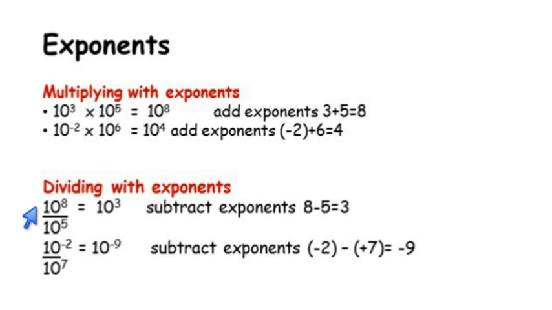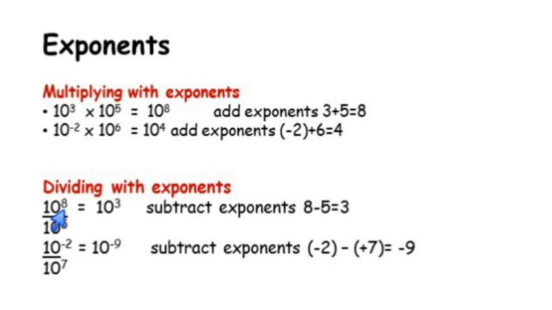And when you divide, and when we do those Avogadro number problems, you'll be dividing numbers. So 10 to a power divided by 10 to another power, you subtract top from bottom. So 8 minus 5 is 3.